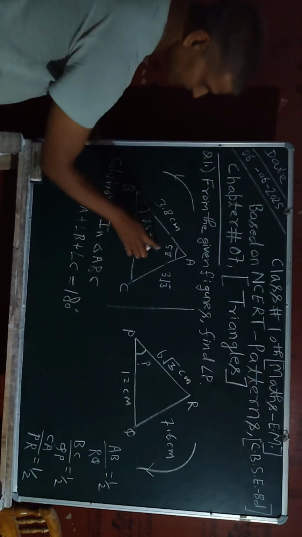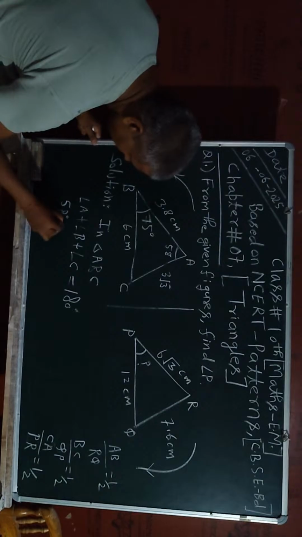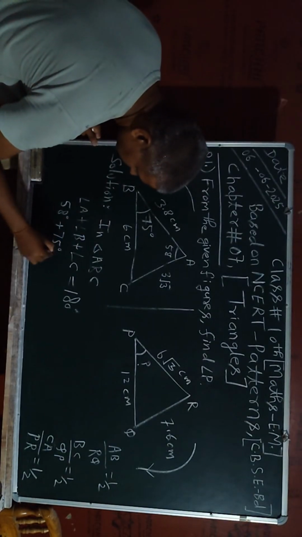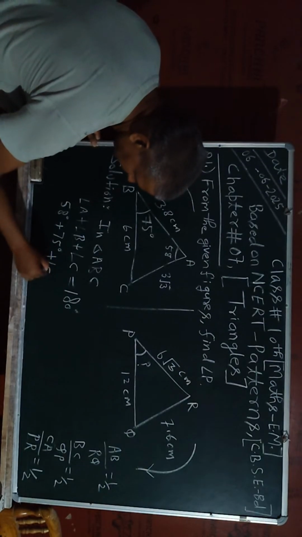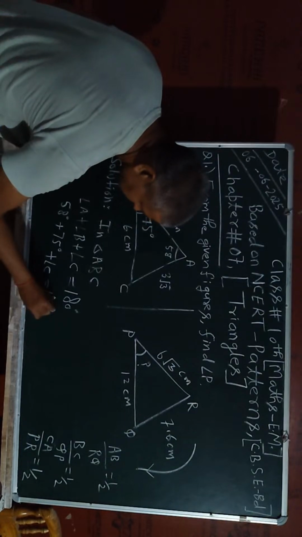So angle A is given 58 degrees, and angle B is also given here, 75 degrees. So angle C we have to get, that is equal to 180 degrees.